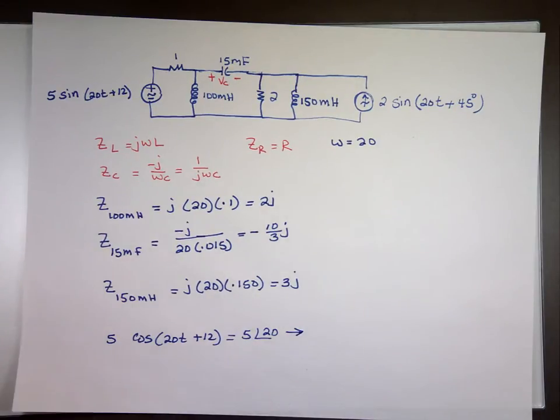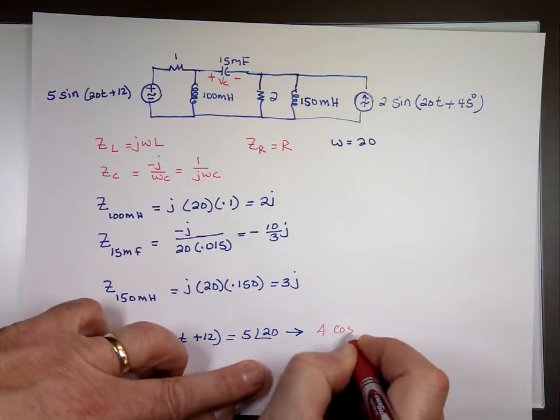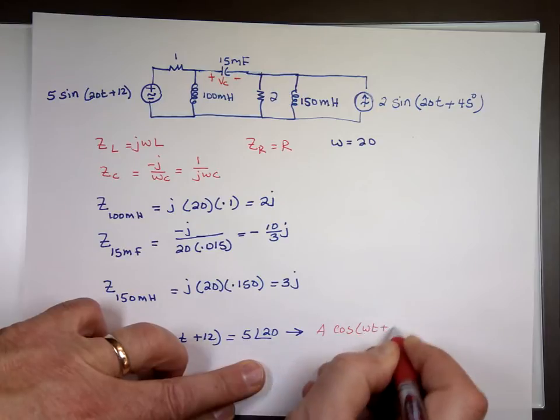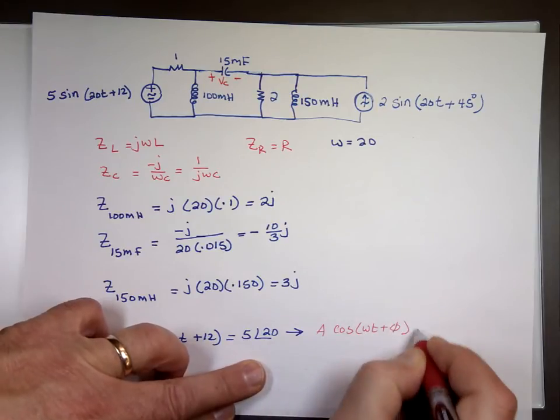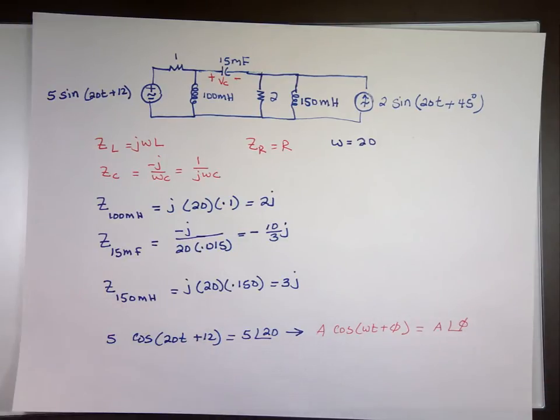If you have a cosine wt plus phi or theta, whatever you want to use, you can write that in phase as a angle phi. 5 angle 12, yes, thank you. 5 angle 12, yeah. So now I need to convert the sine to a cosine.